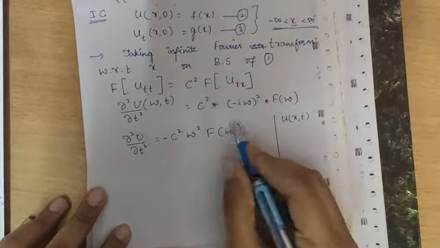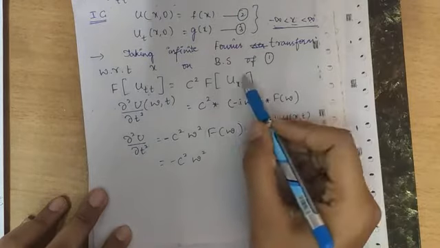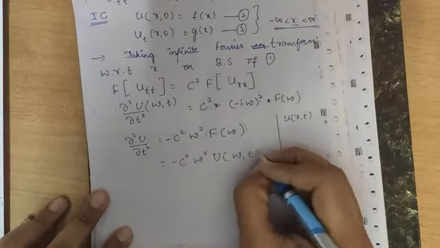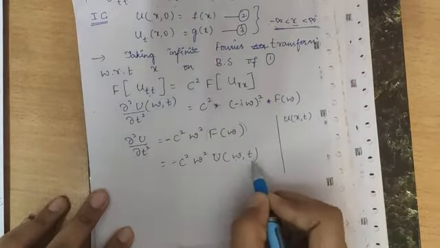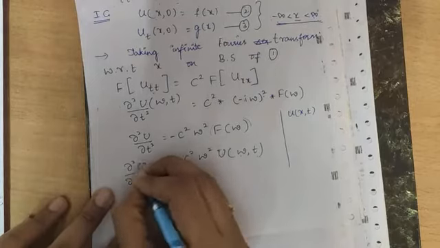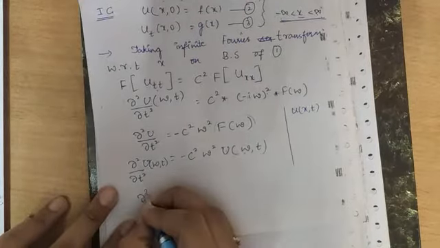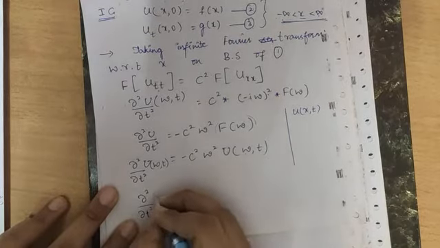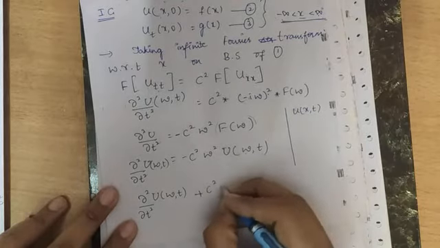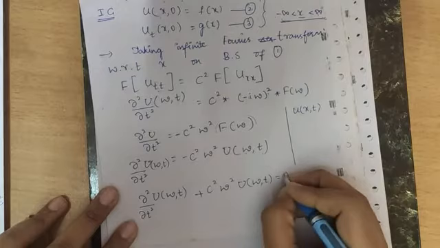Here F of omega is nothing but, this is a function of omega, here the function is u, so it will be u of omega comma t. U is a function of omega and t. This is dou square by dou t square u of omega comma t. So you can write this equation as dou square by dou t square u of omega comma t plus c square omega square into u of omega comma t is equal to 0.